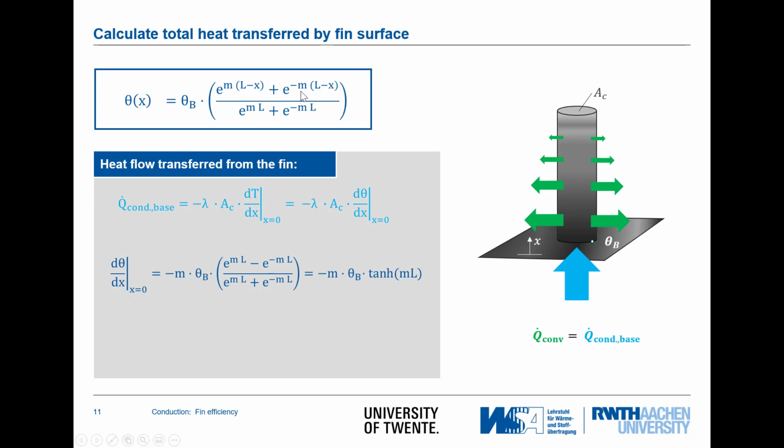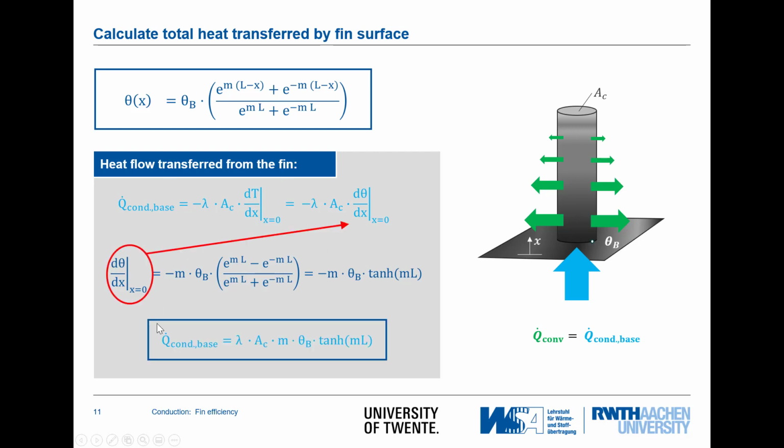Due to the differentiation of the exponent minus m, we will attain a minus here on this part, and an m in both cases, so we can write the m in front of the equation and get an equation for the first derivative, which can then be inserted in Fourier's law of heat conduction. We now have an expression for the heat transferred by the total fin, which of course depends on the cross-sectional area and the thermal conductivity, as well as on the fin parameter and the temperature difference at the bottom.